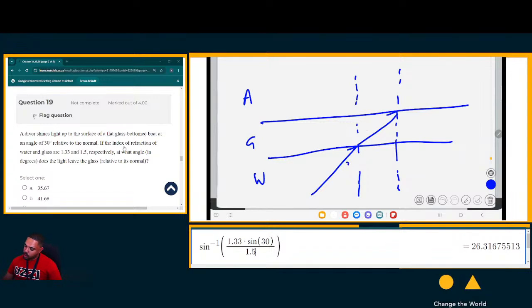But now this is 30 degrees, and we've just established that this is 26 degrees. These two normal lines are parallel, meaning this is 26.32. So the angle of refraction will be the next angle of incidence between glass and air.